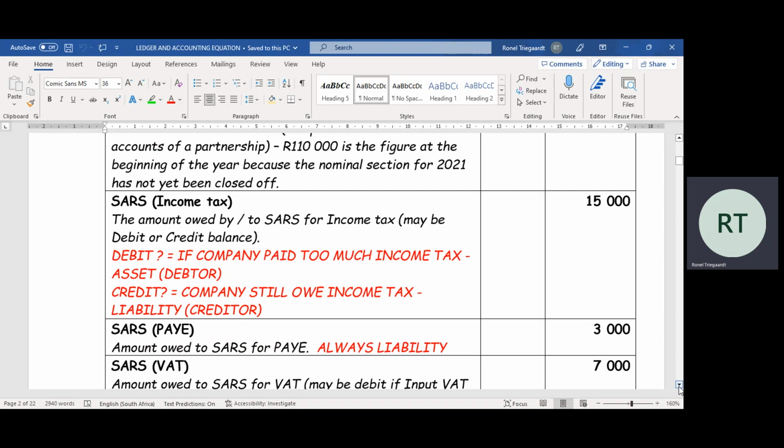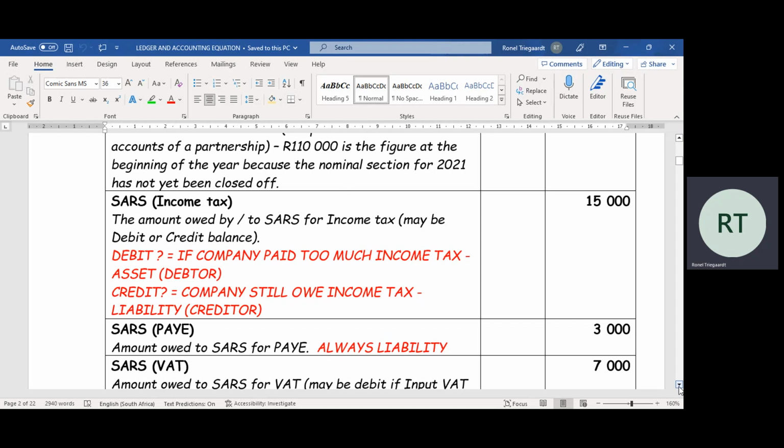If it has a debit balance, it means that last year the company paid too much income tax, SARS must refund them. As Sahid inkomstebelasting 'n debietsaldo het aan die begin van die finansiële jaar, dan beteken dit die maatskappy het laas jaar te veel belasting betaal, Sahid moet terugbetaal. Sahid skuld die geld vir die maatskappy.